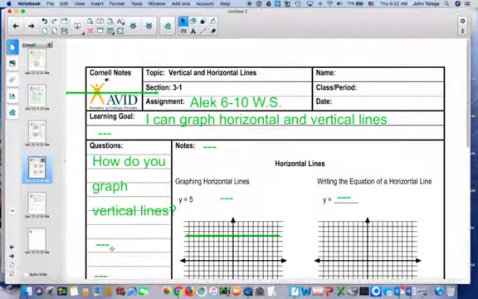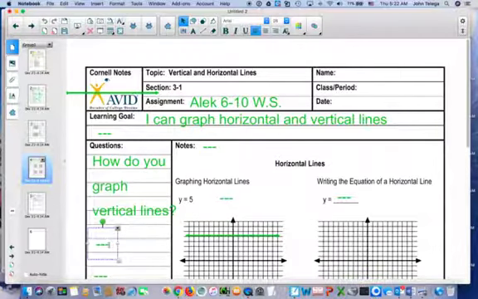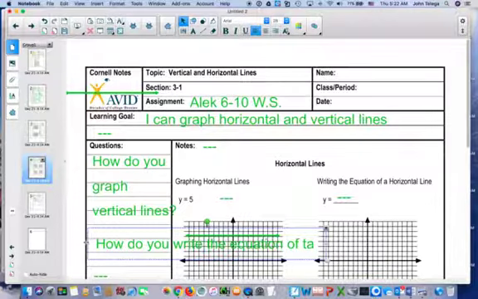And then how do I graph the equations of a horizontal line?